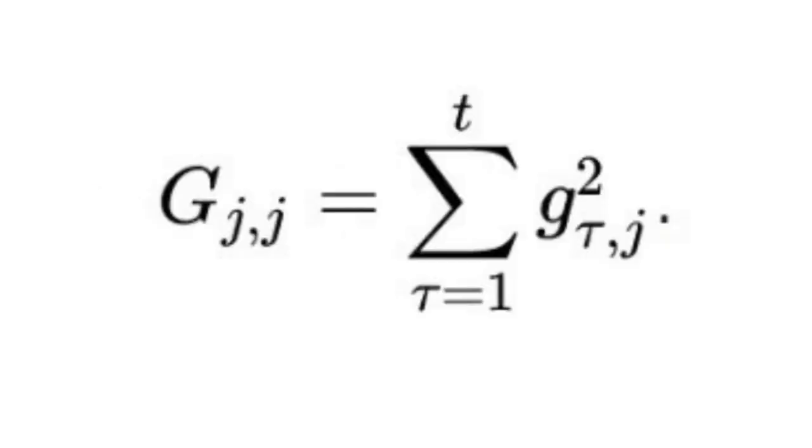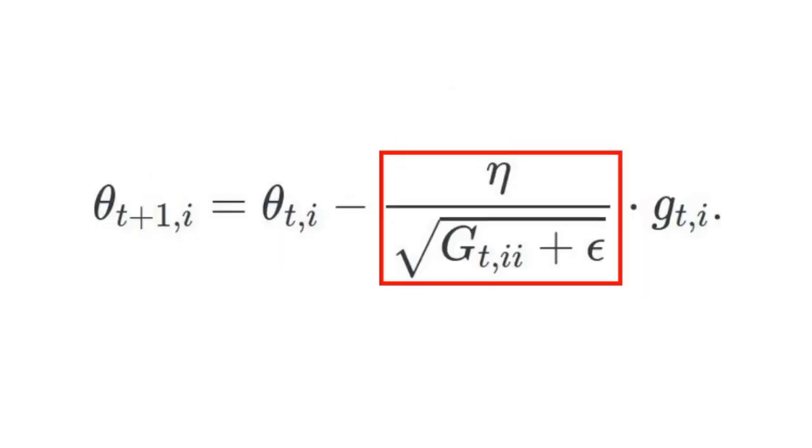So basically what we have here is a running sum from the start of the learning until the current time. This means that if we have a large gradient, only a small amount of learning will happen, because the bottom part will be huge. So we're going to divide the learning rate by a lot.